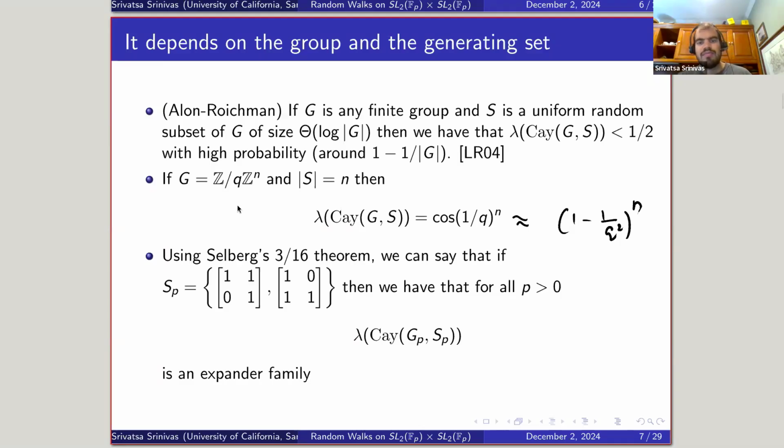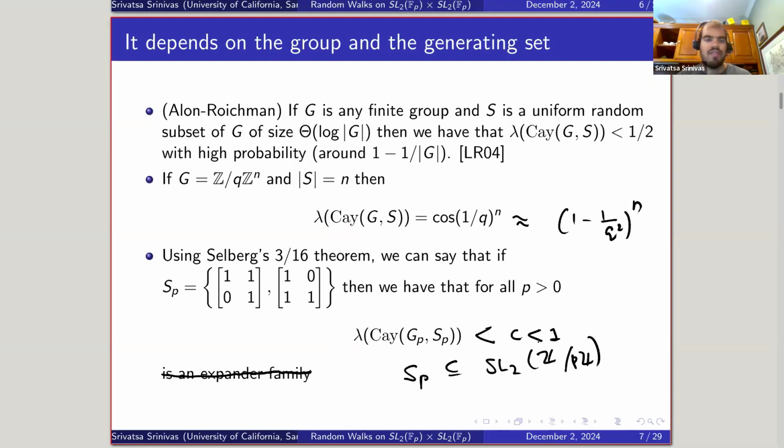Okay, so now here's an interesting result. Using Selberg's result about the Selberg zeta function, we can actually say that if you pick these two generators of SL2 Z mod pZ, then for all p greater than 0, this eigenvalue is bounded above by some absolute constant which is less than 1.